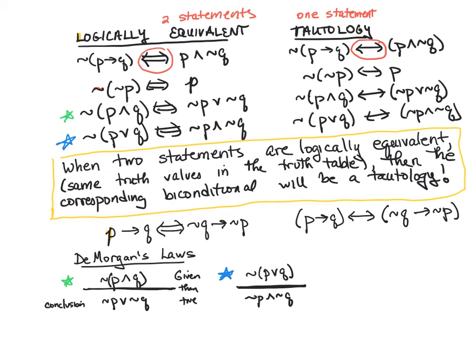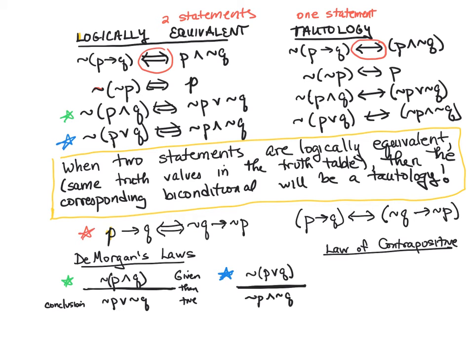And then, of course, the law of the contrapositive can be written as, and I'll put that in, let's see, what color did I not use? Red.